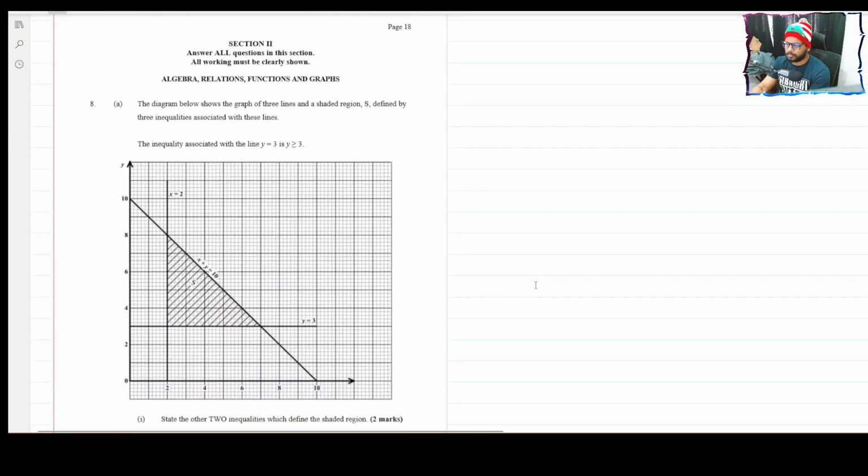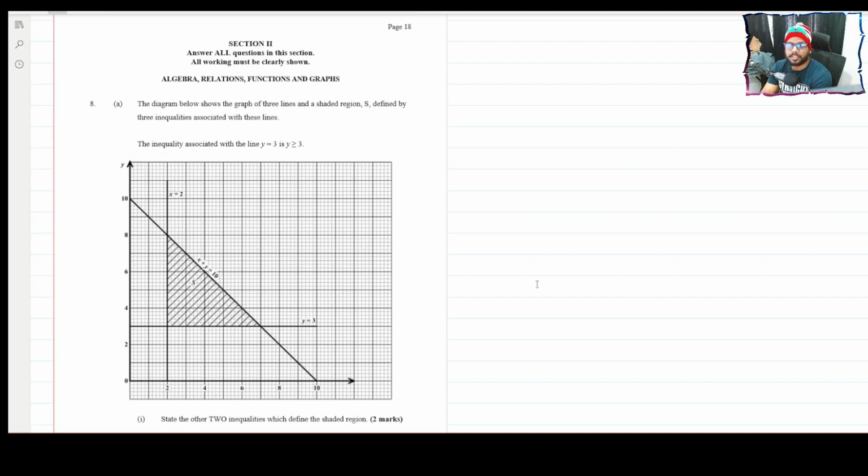The diagram below shows the graph of 3 lines, with a shaded region S defined by three inequalities associated with these lines. The inequality associated with the line y is equal to 3 is y is greater than or equal to 3. And we can see this from the line itself. If the line is a solid line, then the inequality will have an equal to attached to it.